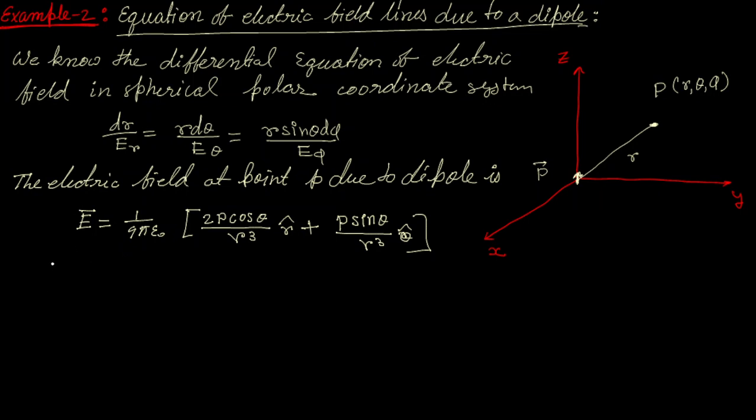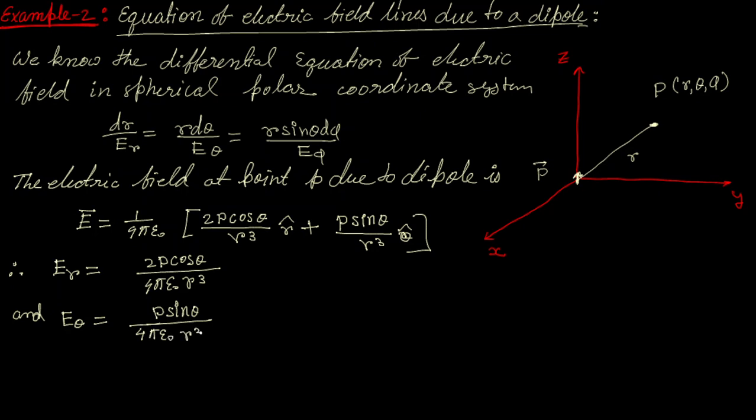So from this electric field, we can write the r component of the electric field: Er equals 2p cos theta divided by 4 pi epsilon naught r cube, and the theta component of the electric field, E theta, equals p sine theta divided by 4 pi epsilon naught r cube.